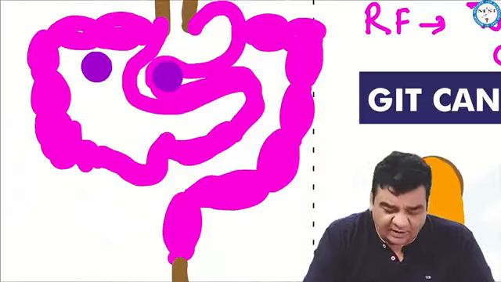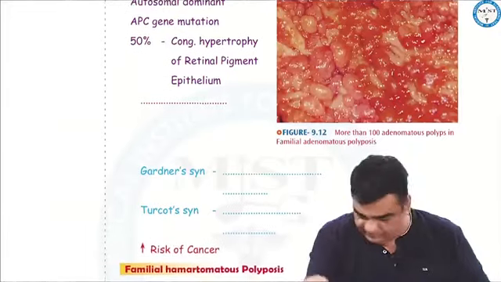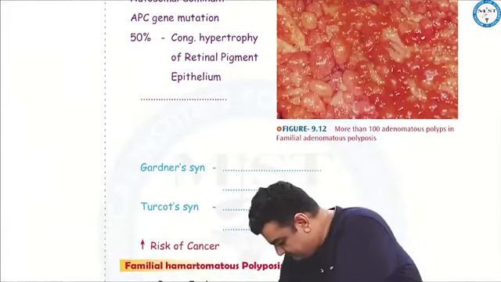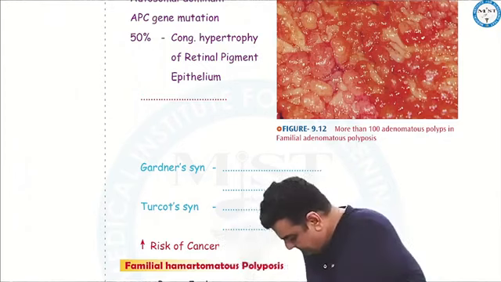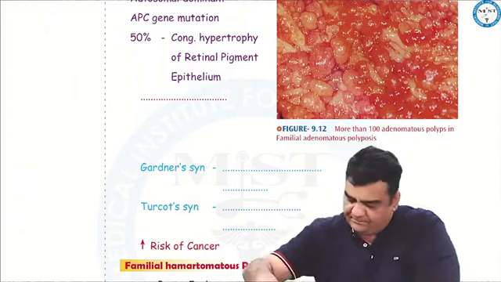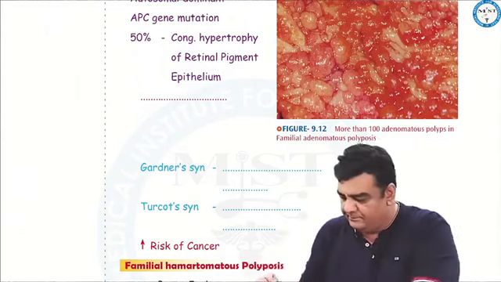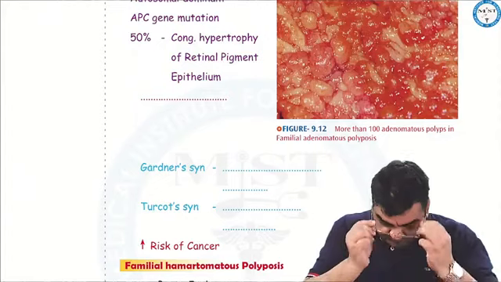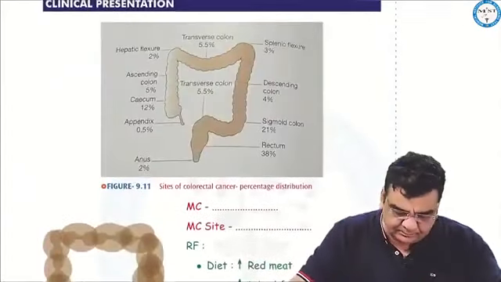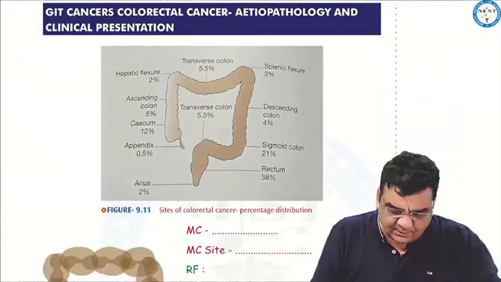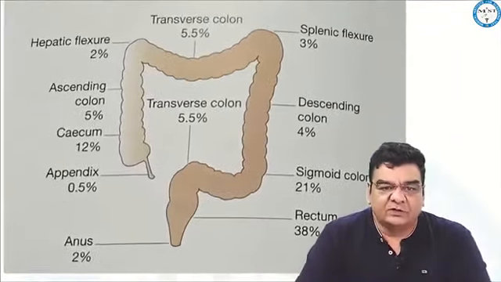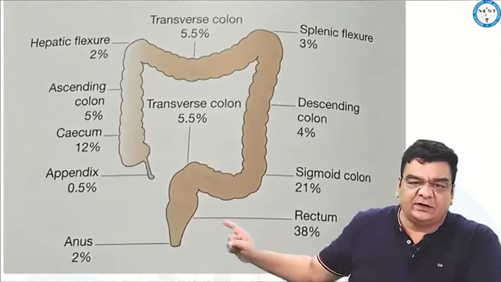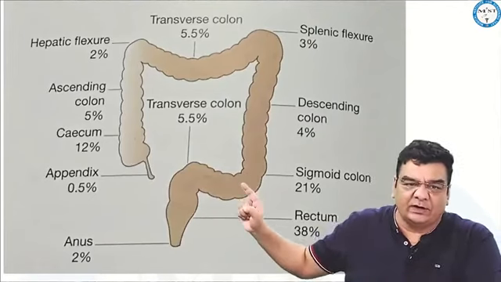Let's take a look at the story of these colorectal cancers. In this particular picture, which is showing the distribution of malignancy, 38% is in the rectum, 21% in the sigmoid.